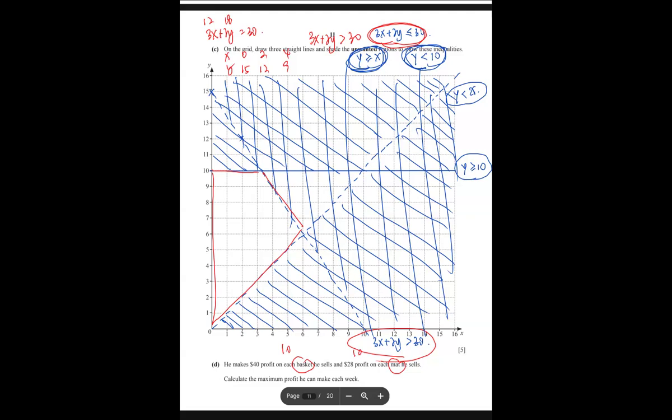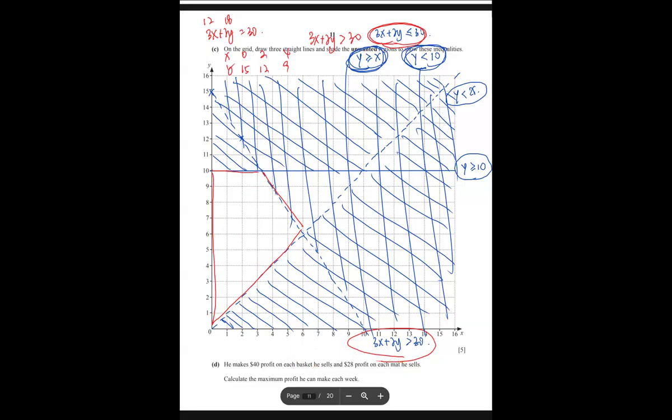And from the graph that you have drawn, 10, 10 is here, and that's beyond the solution. You want to pick a point within this red region that will maximize the profit he earns. And to maximize the profit, you want the greatest number of baskets and mats that he can make.